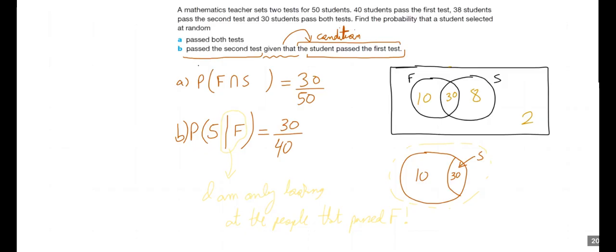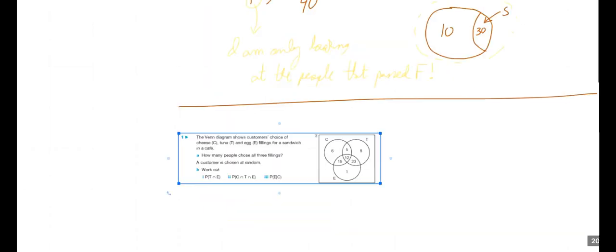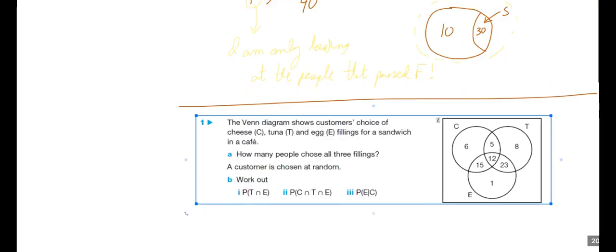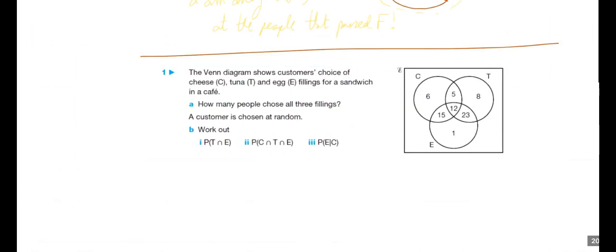So let's look at a question now. Okay, so in this question, we have the Venn diagram given to us. It's the number of people in different sets, same old deal.